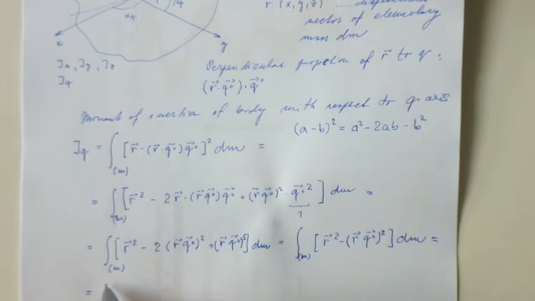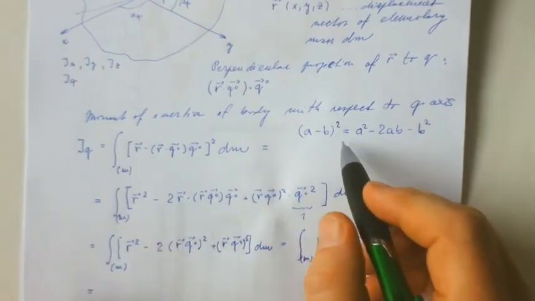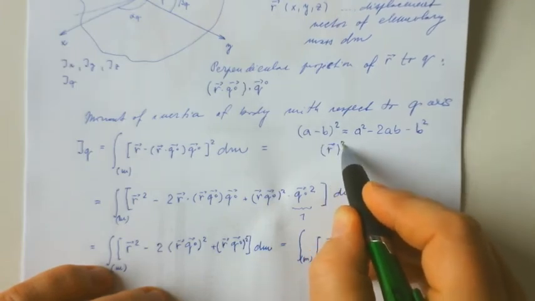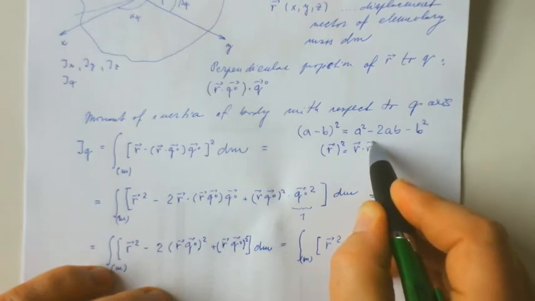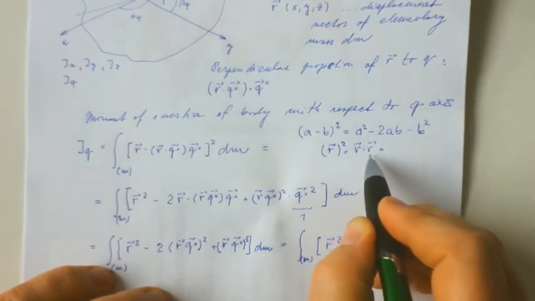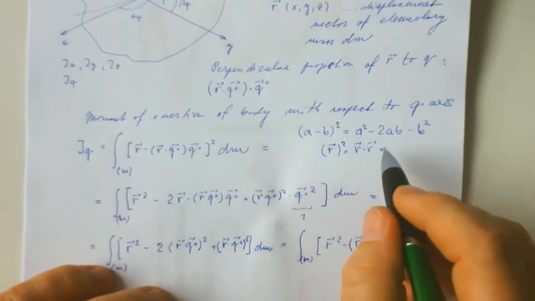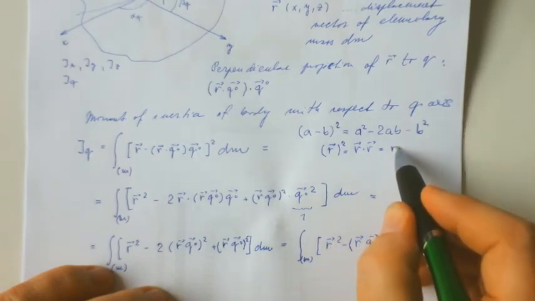So it lost vector properties and is a number, because r powered by 2 is in fact r by r. What is a dot product? The product of a dot product is a number, it's a scalar. So it's a scalar multiplication, and we get r square.